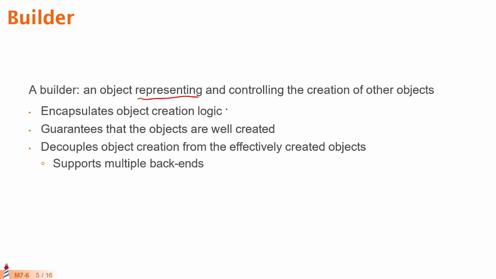It encapsulates this creation logic, and ensures that the objects that we are creating are well created, that all the values are well set, that all the references are well set, and that we always have a good graph of objects that we can use for the given task that we want. This decoupling of the procedure of creation and the client allows us to have different backends, that basically means having different kinds of objects as a result.